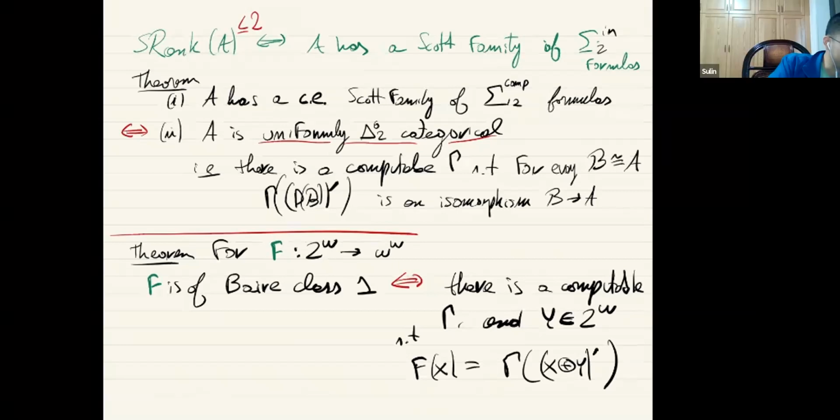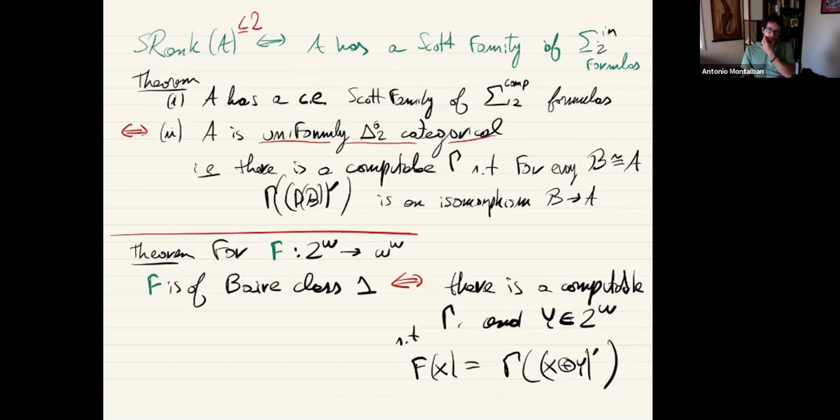So the omega jump means you have the union of the previous jumps. That's right. Though here you have to be a bit careful in Baire class alpha omega. Maybe it's the next one up, but more or less, yeah.